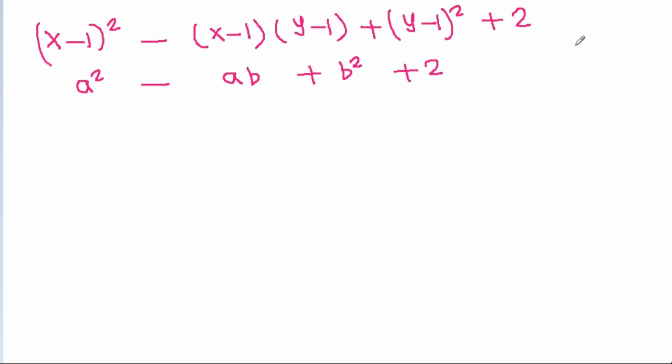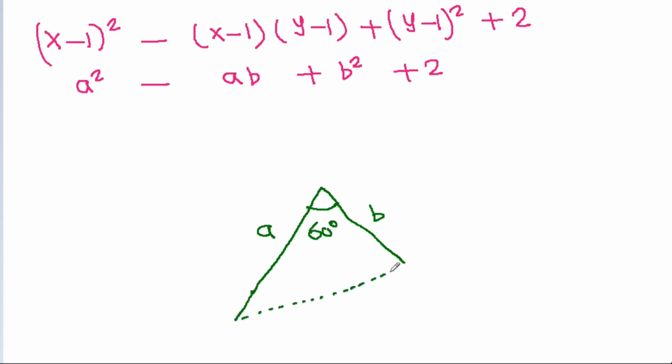And suppose the distance is a and the distance is b and this angle is 60 degree, and the distance is c.